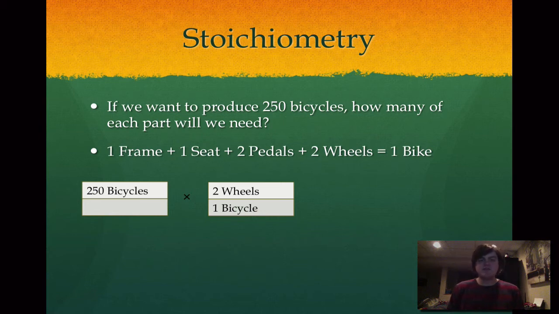Bicycle goes on the bottom because we're canceling it out, and wheels is what we're trying to get to, so we put that on the top level. The coefficient for wheels is 2, and the coefficient for bike is 1, so we put a 2 on top and a 1 on the bottom. An equal sign, as we are in the correct unit for the end of our problem, and solve it. 500 wheels.